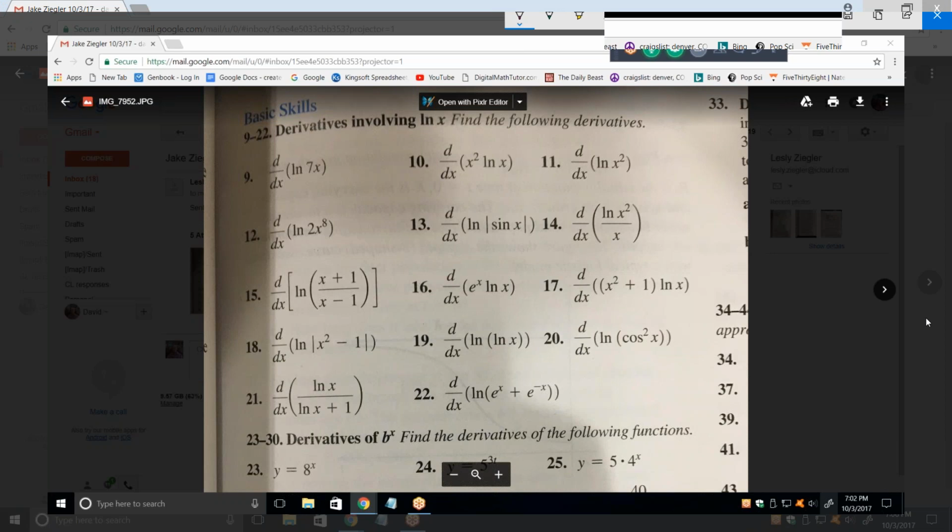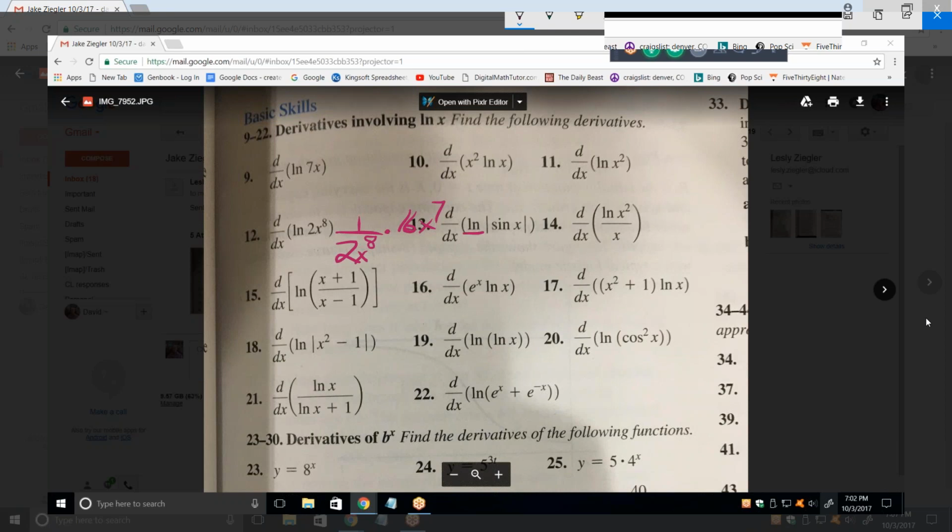Okay, let's make sure you can do one more. It looks like you understand these pretty good. What's 12? 1/2x to the 8th times 16x to the 7th.